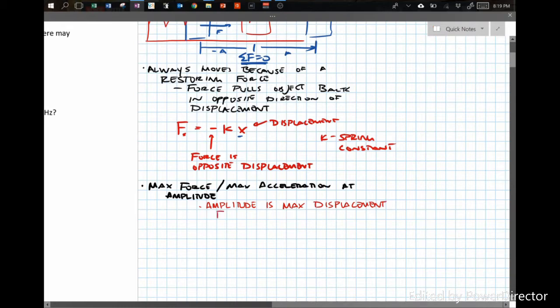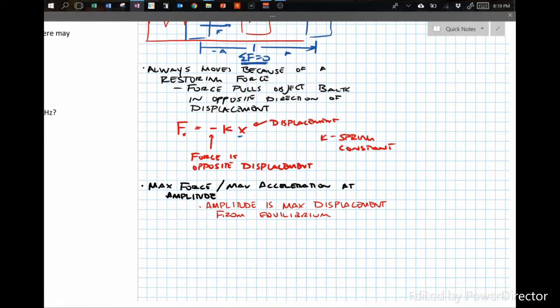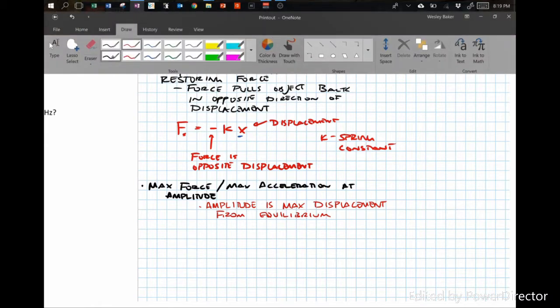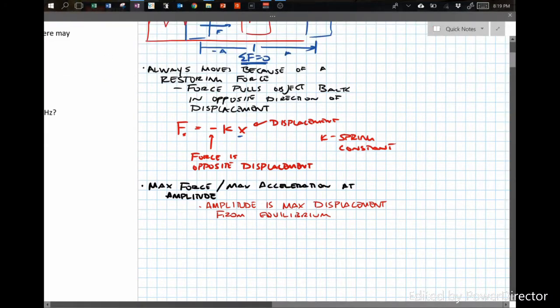Amplitude is maximum displacement from equilibrium. So we pull it out to an amplitude. We're going to have our max acceleration and our max force, but we also, at the amplitude, turn around. The max amplitude is the turning point.